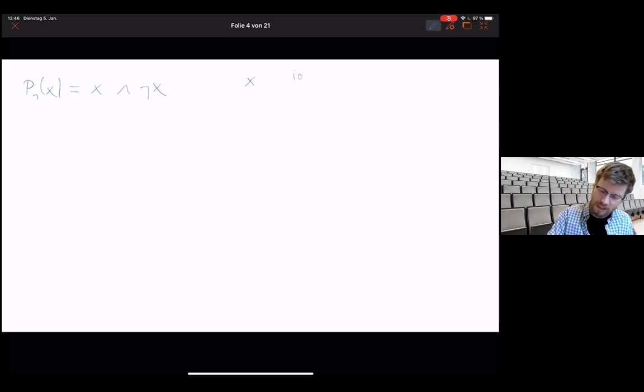Well, if X is 0, it just returns the identity, and if X equals 1, it returns a cycle permutation sigma. Okay, that's a branching program that computes X.